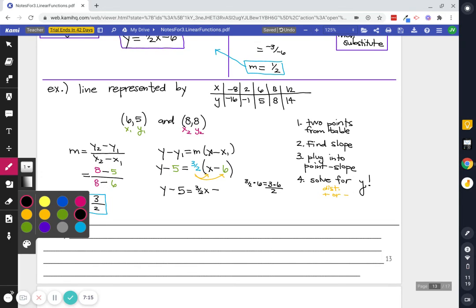Divided by 2 would be 9. Then I said finish by adding or subtracting. In this case, I have to add the 5 so that the y can stand alone. y equals 3/2 x minus 4. And there is our final answer.